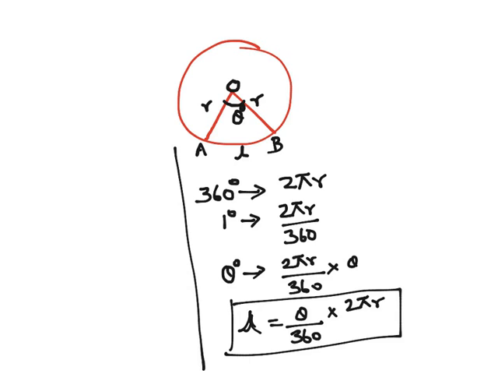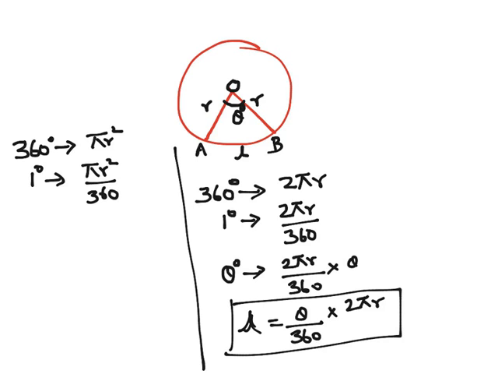In the same window, let us try to find the area of a sector. If the central angle is 360 degrees, then it gives us an area equal to pi r square units. So 1 degree will give us an area equal to pi r square by 360.